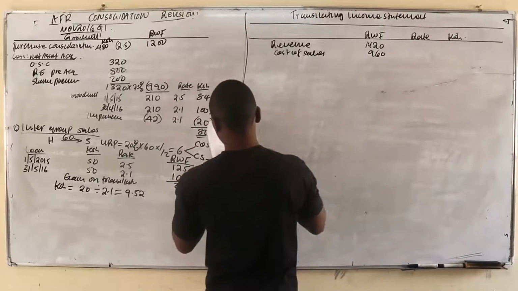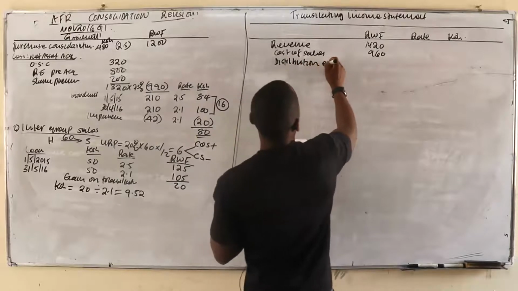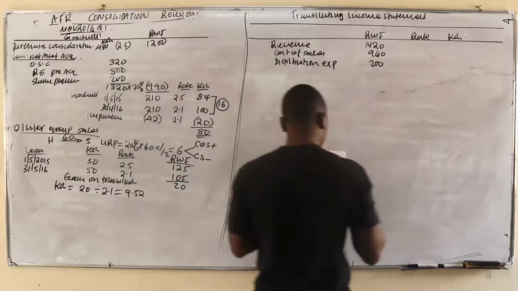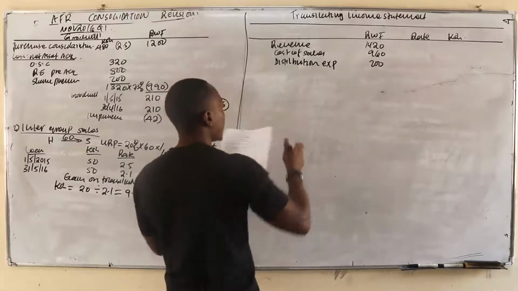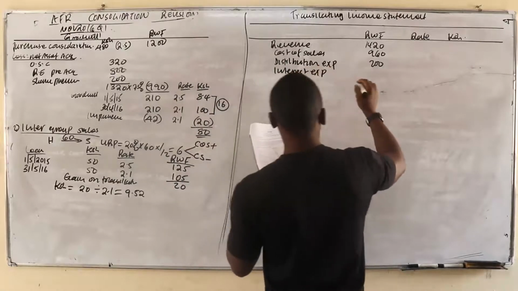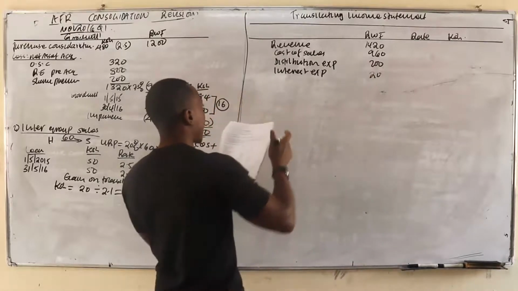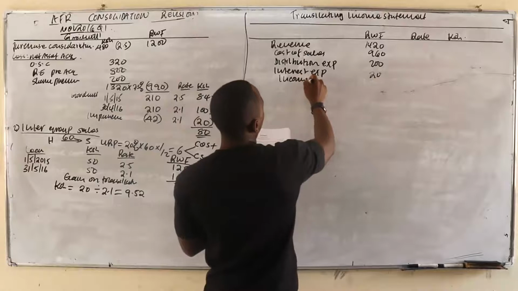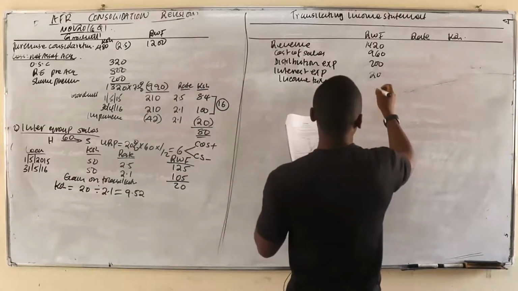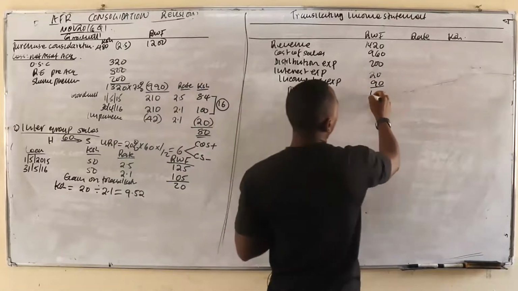Then we have distribution and admin expense, an amount of 200. What else do we have? Interest payable, the same as interest expense, an amount of 20. Anything else? Yes, income tax expense, an amount of 90. And that's how we get the profit. And they got a profit of 150.